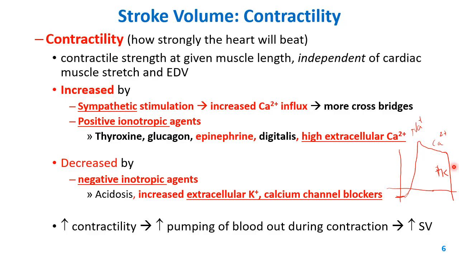So potassium flowing out of the cell is going to allow for that repolarization, right? But if you already have a lot of potassium outside of the cell, the potassium from the inside of the cell is not going to have a big change in the gradient that is going to allow it to flow out, right? So the gradient is going to be less and less. If you don't have a big gradient, that means the flow is going to slow down.